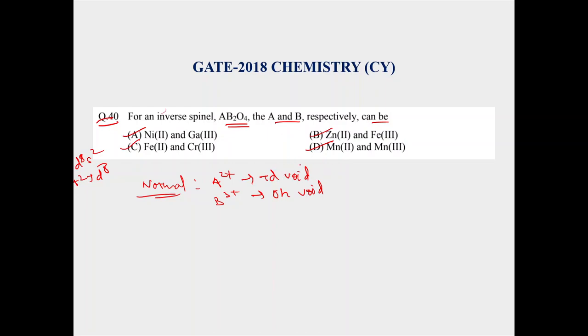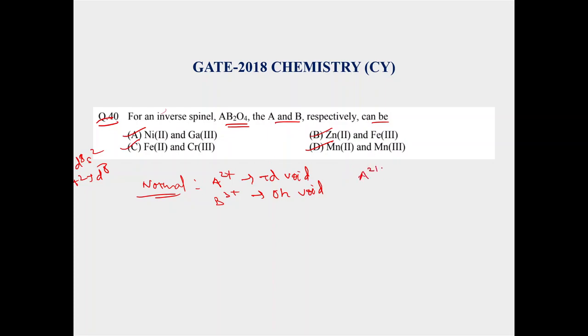We can also say that if we are comparing two ions, and the smaller one is going to the tetrahedral void and the larger one is going to the octahedral void, then also we will get this normal spinel structure. And how we can find out? We can find this thing through CFSE calculation.